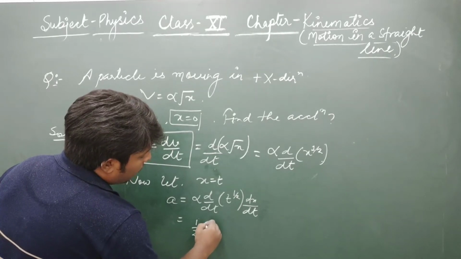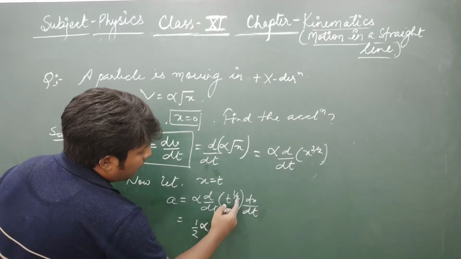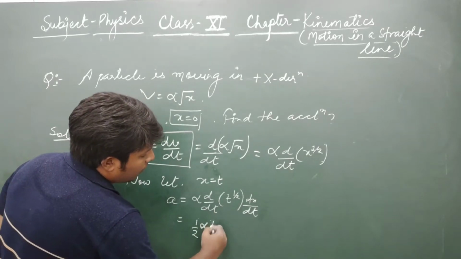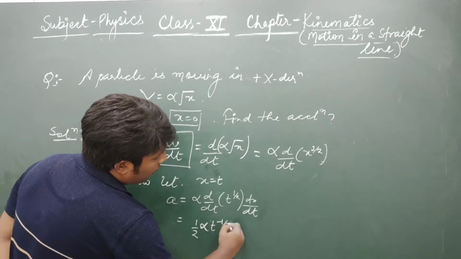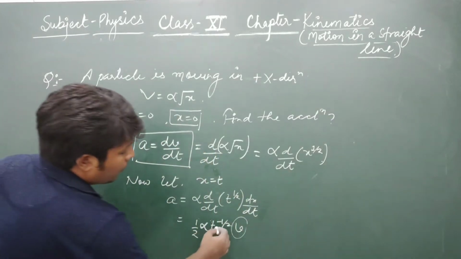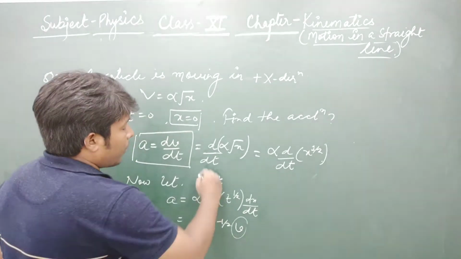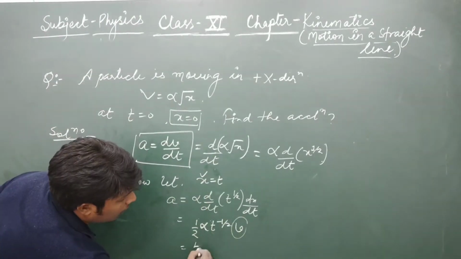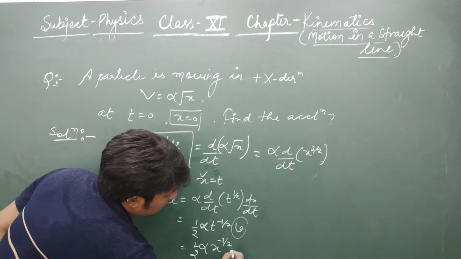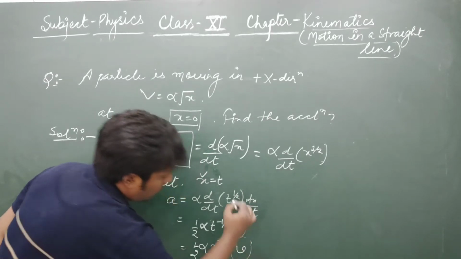So it will be half alpha, with half minus 1 giving t raised to the power minus half. And dx by dt is what? Velocity here. So in the place of t we can put x, so it will be half of alpha x raised to the power minus half into v.